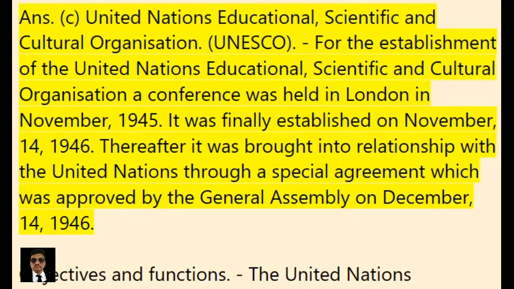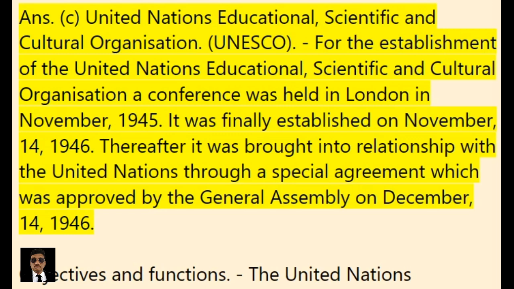UNESCO, United Nations Educational, Scientific and Cultural Organization. For the establishment of the United Nations Educational, Scientific and Cultural Organization, a conference was held in London in November 1945.